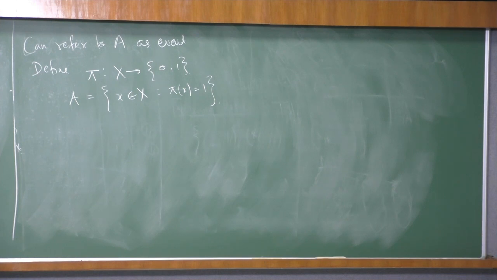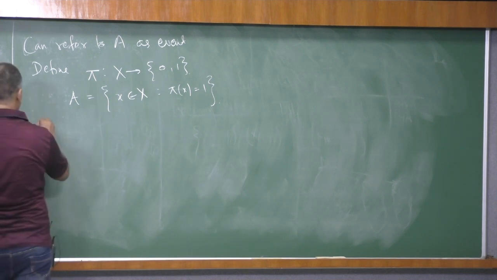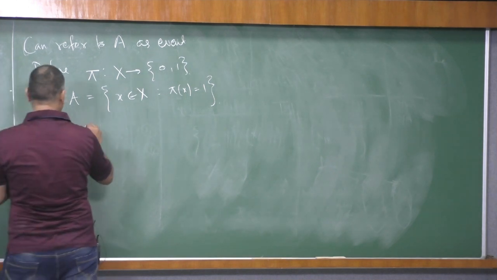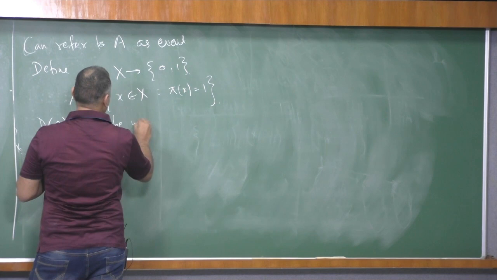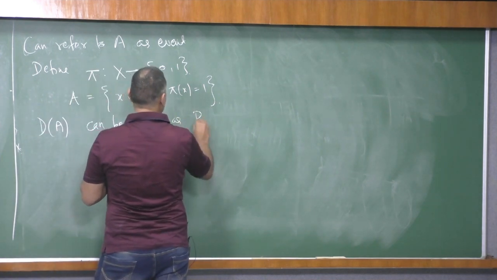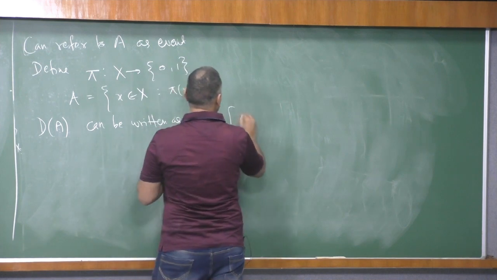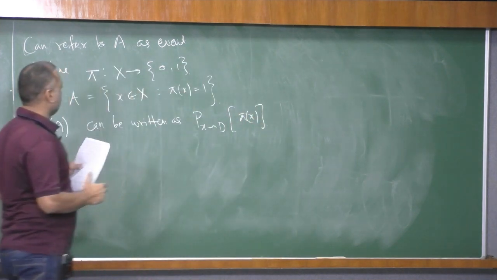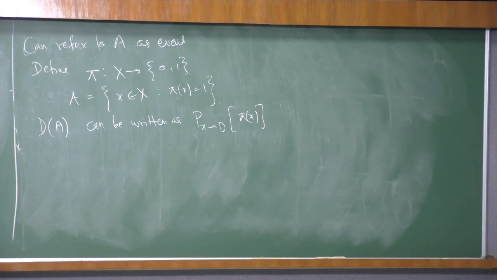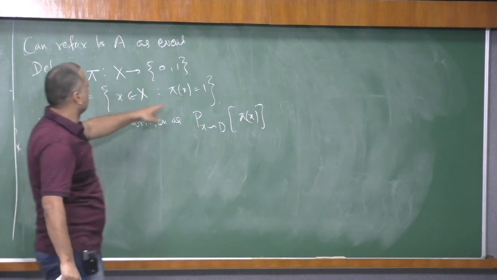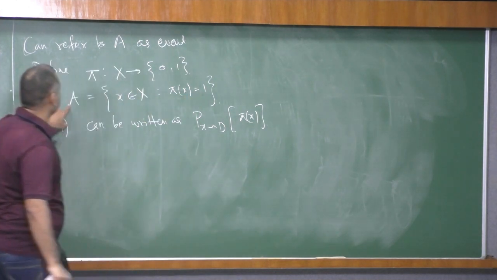These are some notations right now. We define a probability measure pi from X to {0, 1}, and we define A to be the set of all x for which pi(x) is 1. Then it becomes some set A.